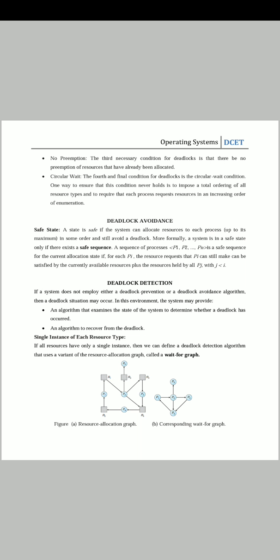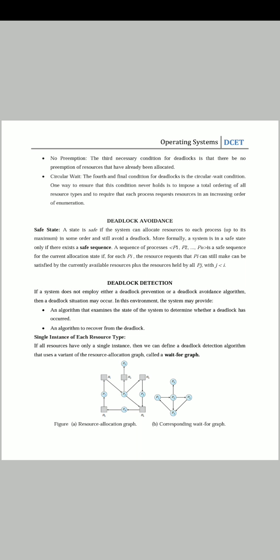Here we have the concept of safe state and unsafe state. A state is safe if the system can allocate resources to each process in some order and still avoid deadlock. Such a condition we call a safe state.